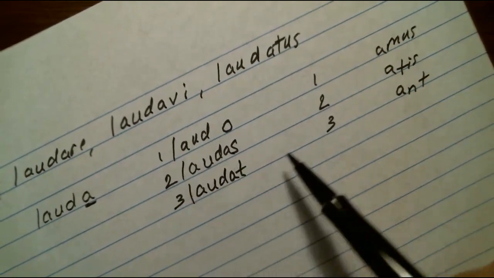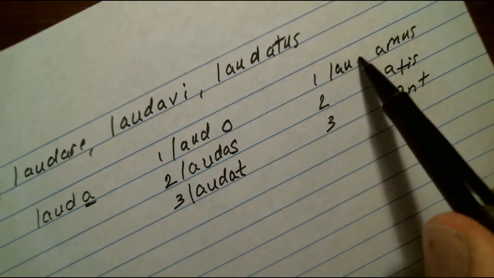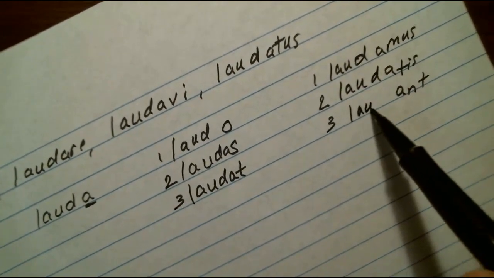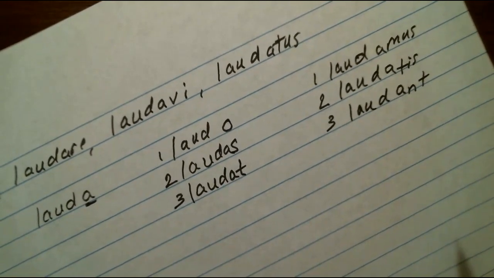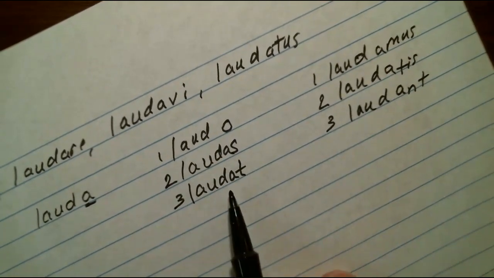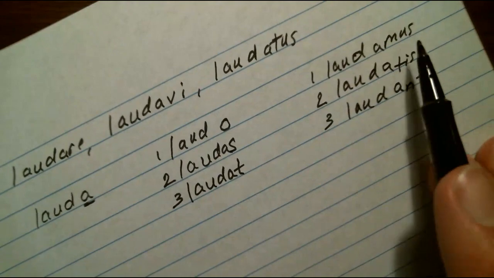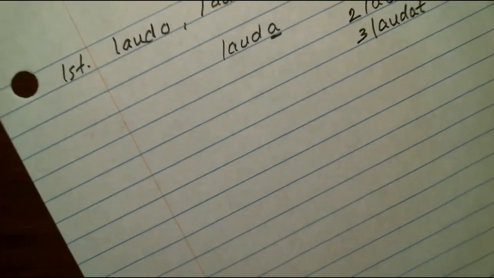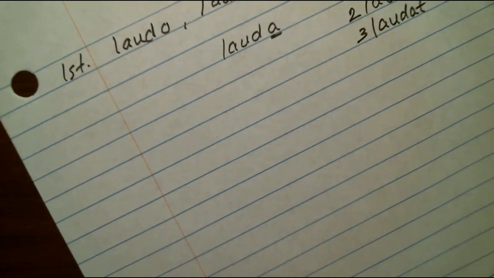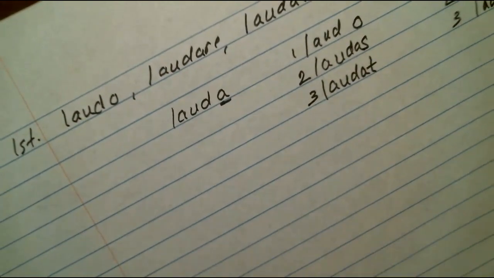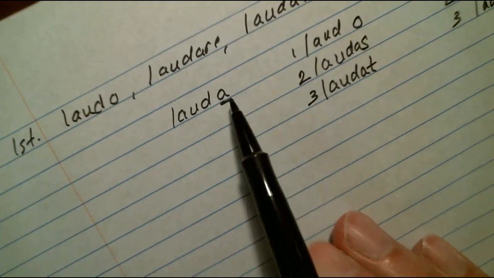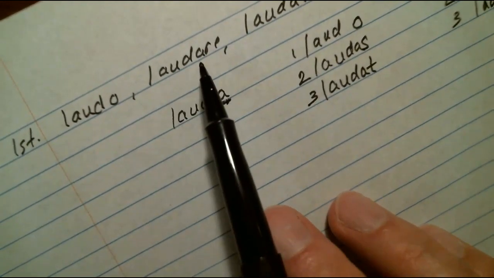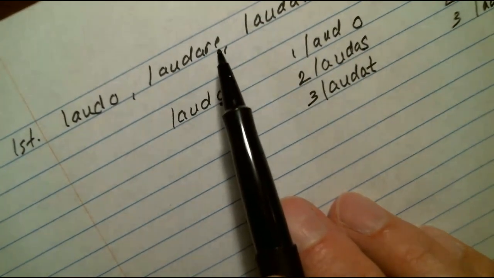So you have laudo, laudas, laudat, laudamus, laudatis, laudant. Okay? So I praise, you praise, he, she, it praises, we praise, you all praise, they praise. So that's first conjugation. We're going to deal with first conjugation verbs that are marked by that A from the second principal part after dropping the infinitive marker, the re.